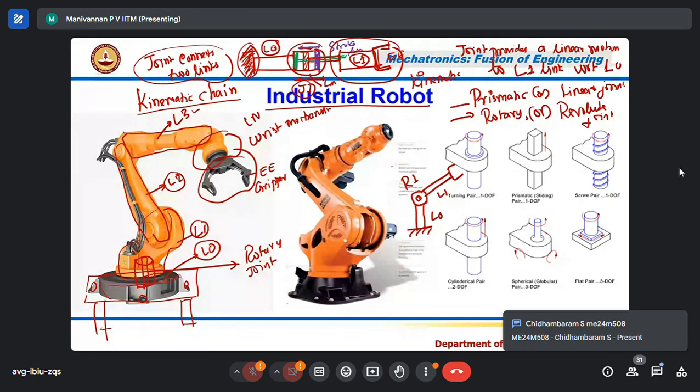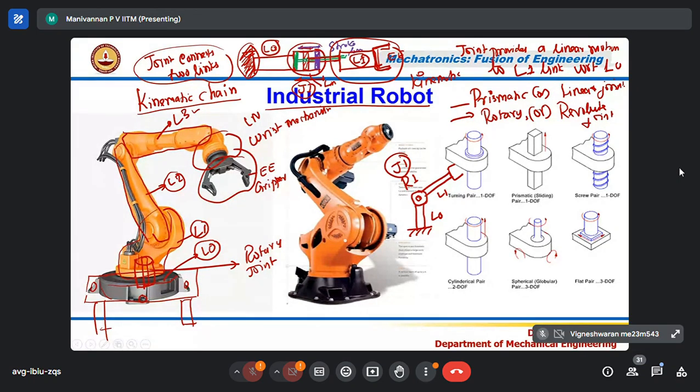Again, it is J1 only, because in robotics, rotary joints are denoted by a capital R and prismatic joints are denoted by P. If the first joint is prismatic, it is mentioned as P1. If the second joint is a rotary joint, it will be R2. If the third joint is rotary, it will be R3.